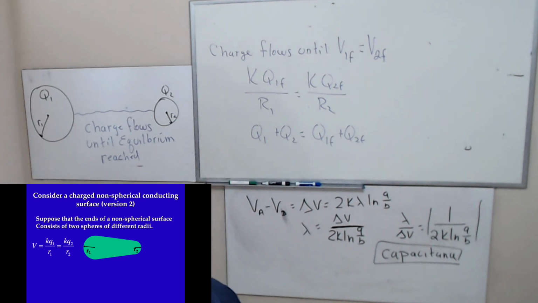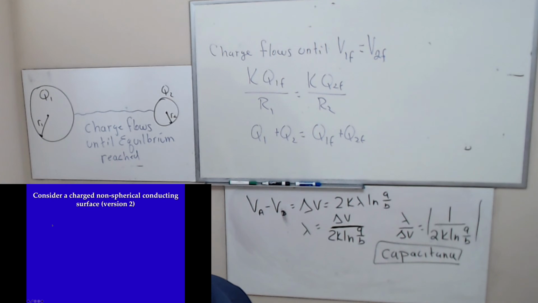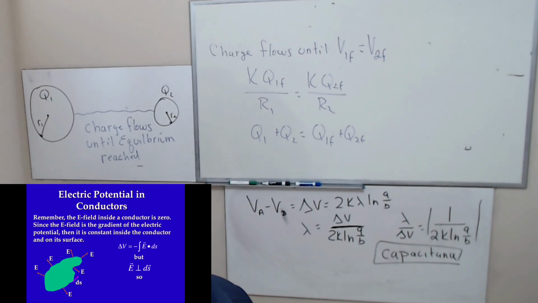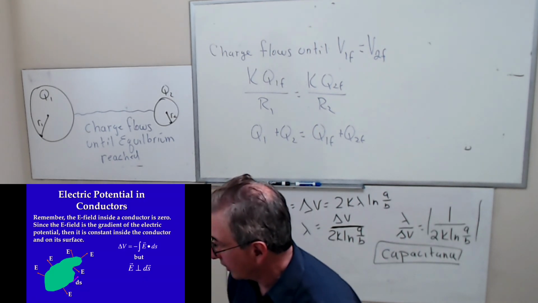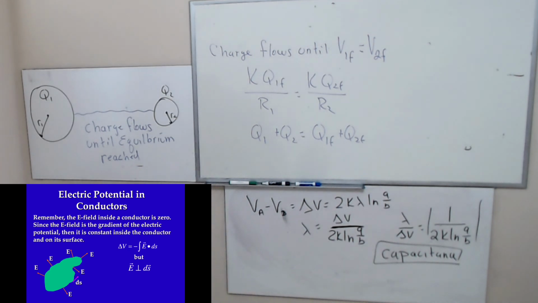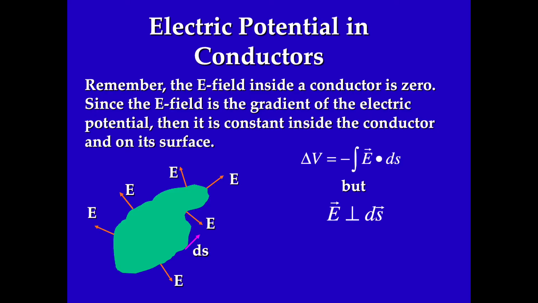Now, the other thing, and these are all small things I usually talk about, and I alluded to, is that since the electric field in the conductor is zero, then the electric potential inside the conductor is constant. It's not zero.